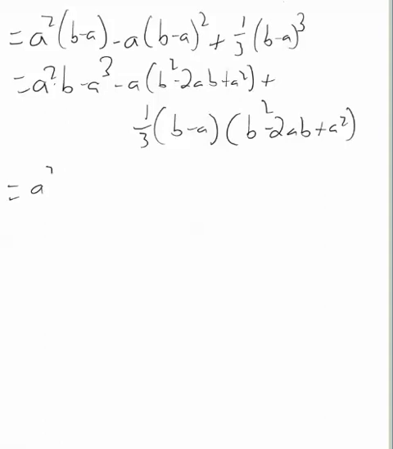That's going to be a squared b minus a cubed minus ab squared plus 2a squared b minus a cubed plus, and here we go, 1/3, and now I'm going to do all this stuff.